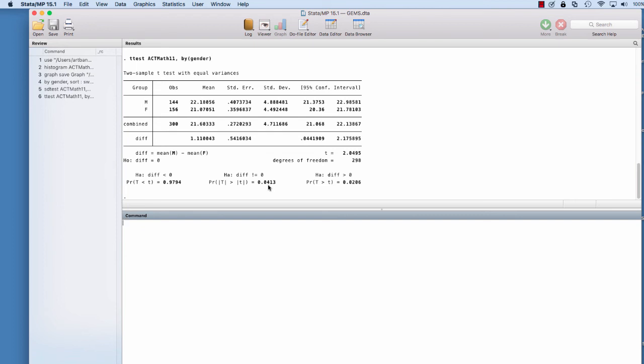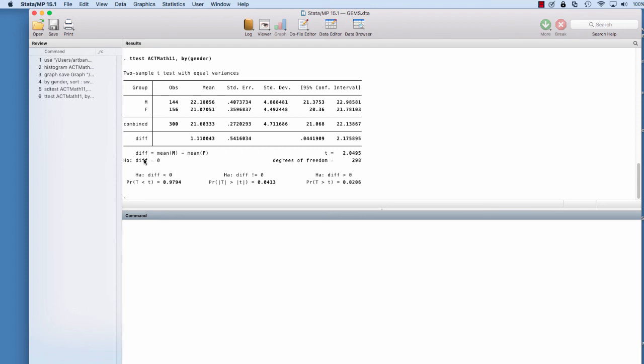So what we can interpret from these results is that it's significant. In other words, this mean difference of over 1 point average in ACT scores between males and females is significant, and males are scoring, in this case, significantly higher than females on the ACT math score for 11th graders.